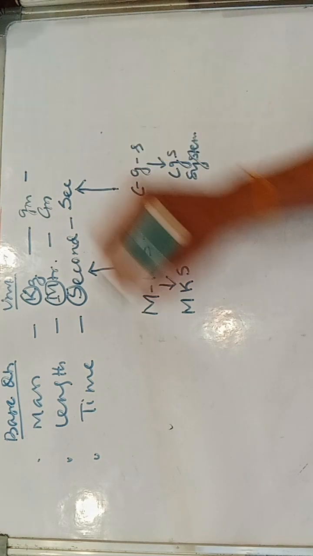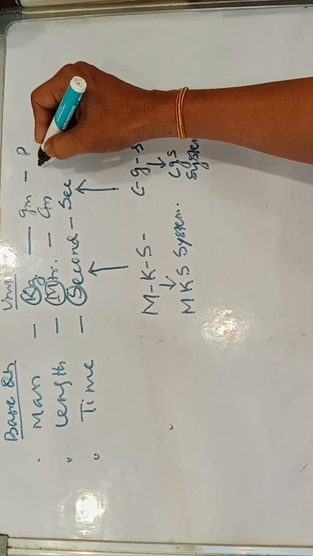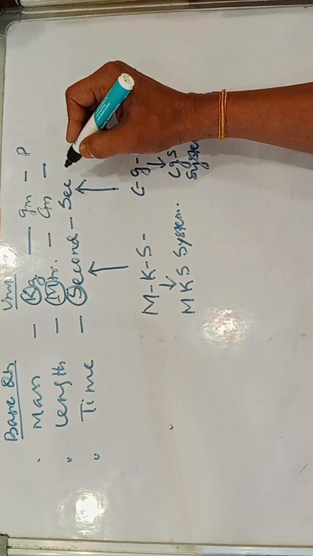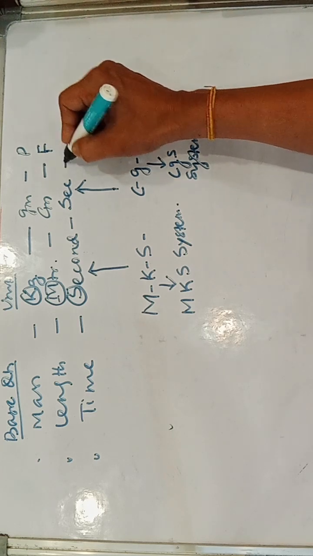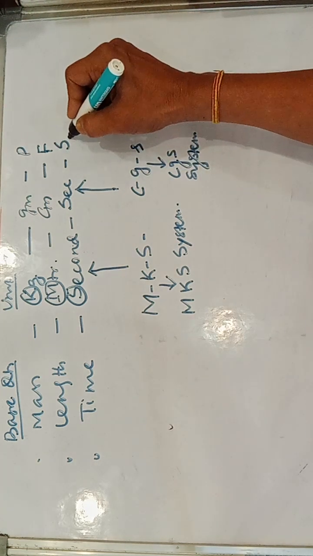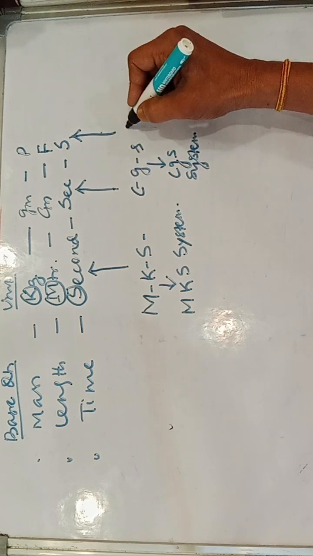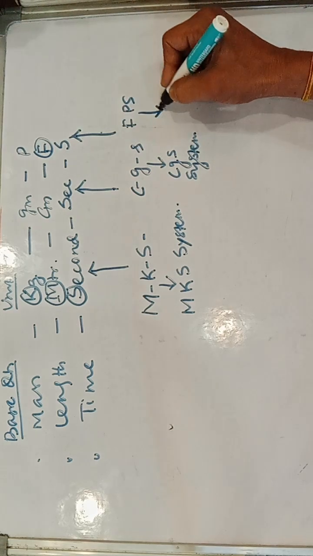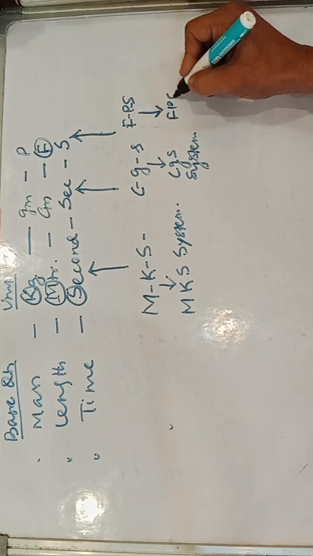Somewhere else, if unit of mass is taken as pounds, length is taken as foot, and again unit of time is taken as second, this system of unit will be termed as FPS, foot pounds second, or FPS system.